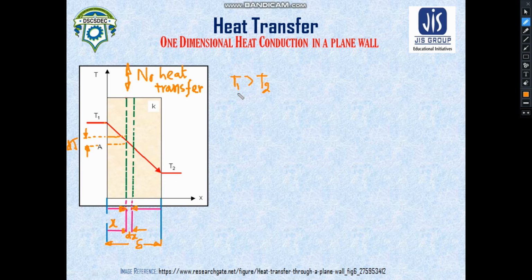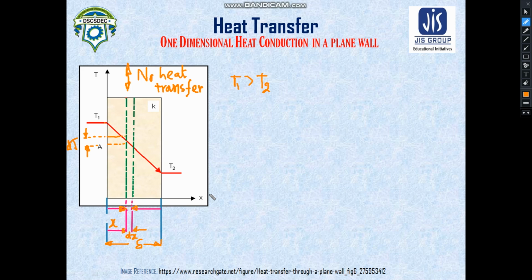Since T1 is greater than T2, by virtue of this temperature difference, heat transfer will start within this plane wall. Now these two lateral surfaces have been insulated, so there is no heat transfer in this direction. The only direction of heat transfer is in the horizontal x direction.